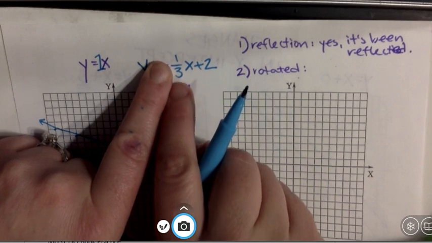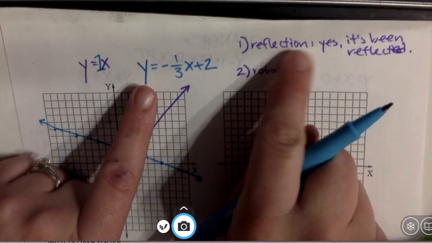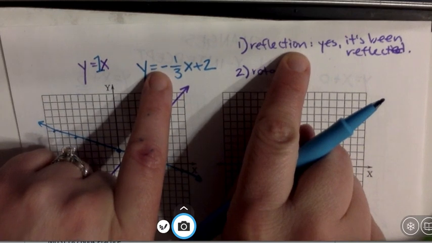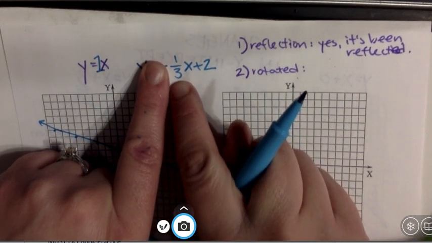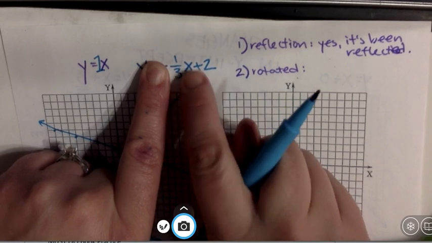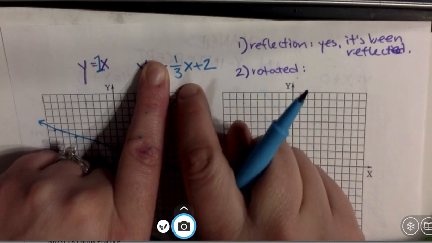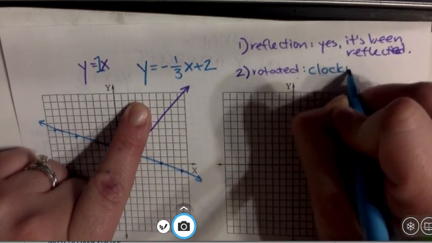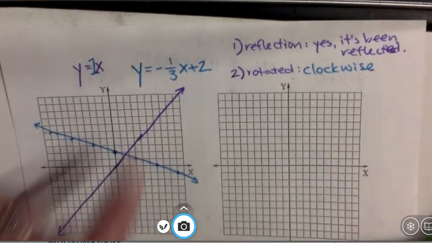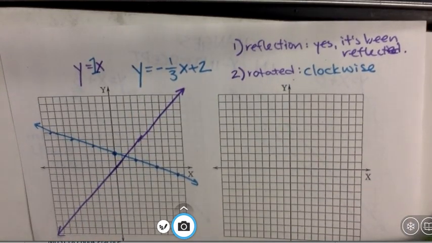Because I've already taken care of the reflection, the negative sign in front, I know that when I have a fractional slope less than 1, it rotates clockwise. So its rotation has been clockwise.